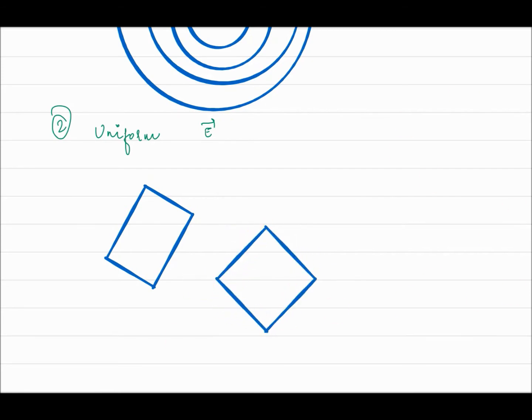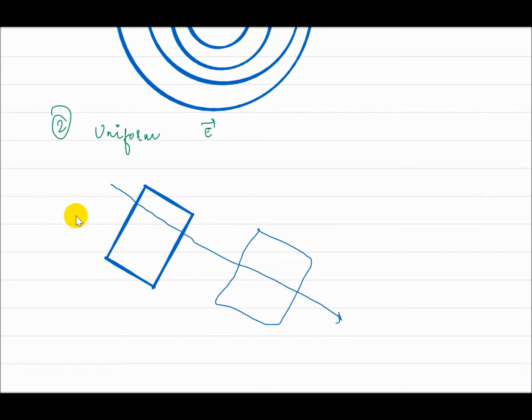The equipotential surfaces due to this are like this. Pass directly through them. Straight line. The diagram is not so perfect, but this is how they look like.